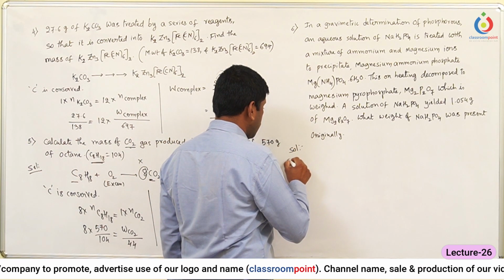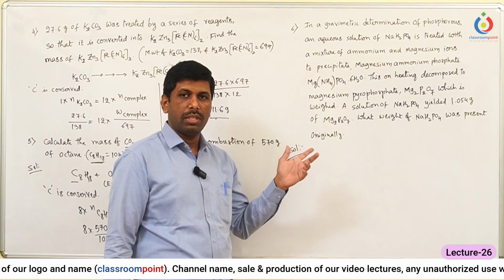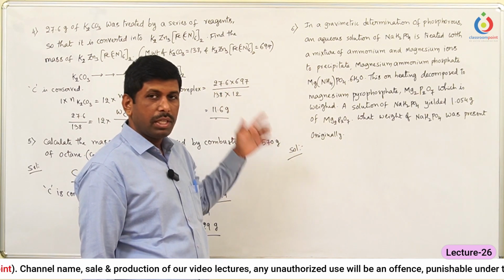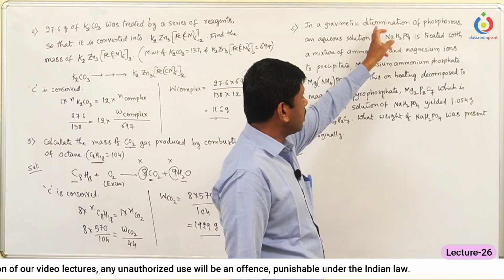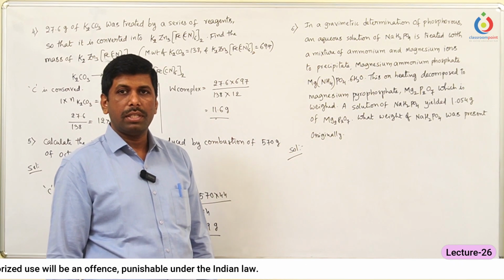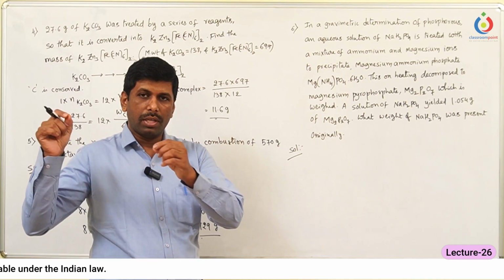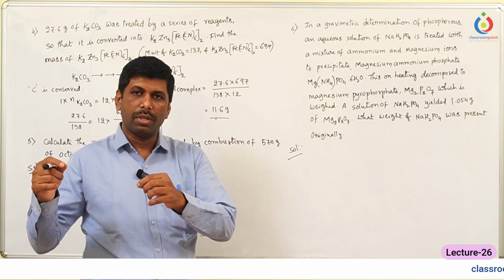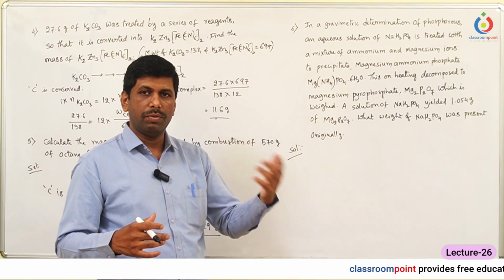It looks like a larger question, but even this type of larger question can be solved in a minute using POAC. Let us see what the question is. In a gravimetric determination, atoms are conserved. Whatever starting reactant molecule we have taken, all the atoms of the reactant molecule go into the various products, and we pick up whichever is required.